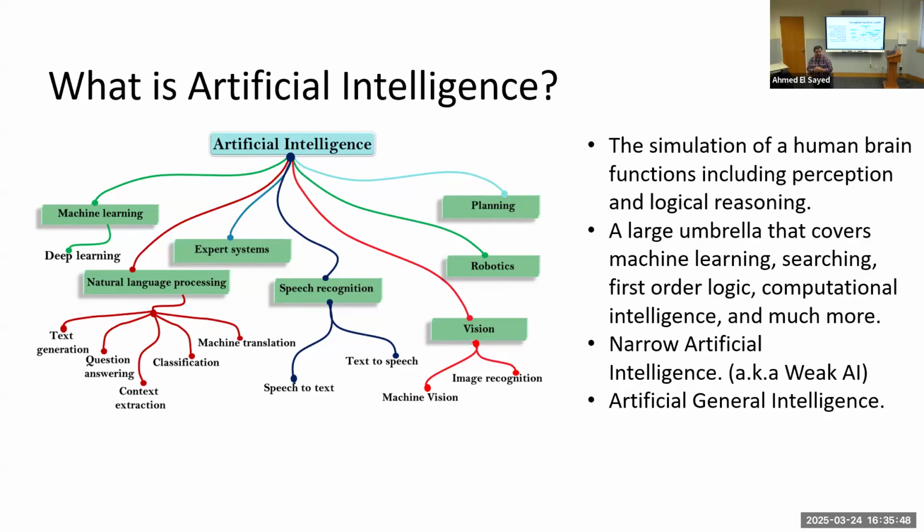Make a model act like a human. Something like ChatGPT, which learns by itself based on data. The ability of the computer to make decisions.